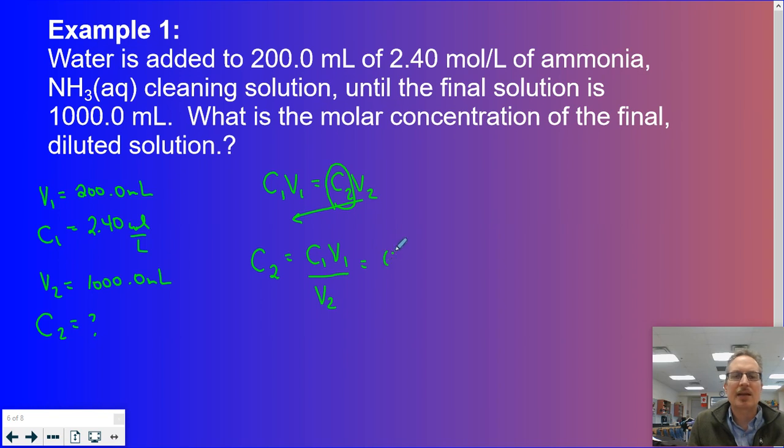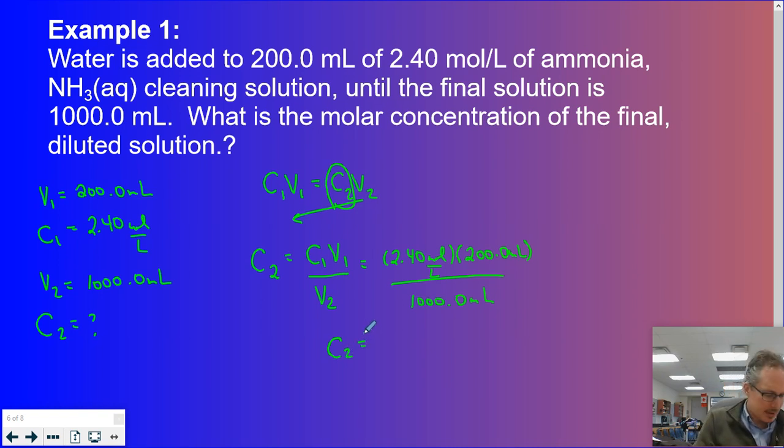So take 2.40 moles per liter, multiply by 200 milliliters, and divide by 1,000 milliliters.